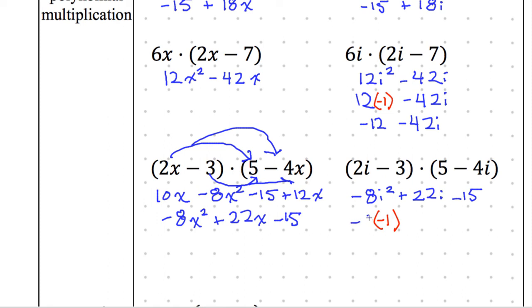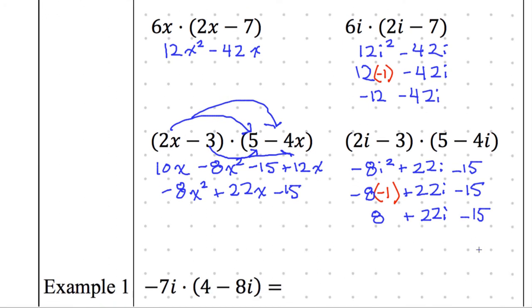I have -8 times -1, which is a positive 8, plus 22i minus 15. But now I can combine like terms, 8 and this -15 form a -7. Am I doing my math right here? I am, okay. Plus 22i.